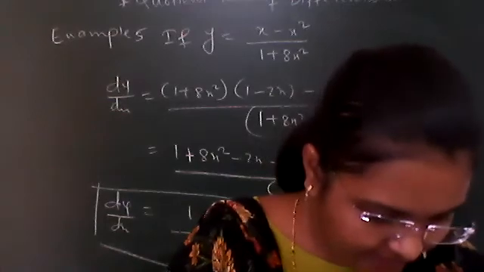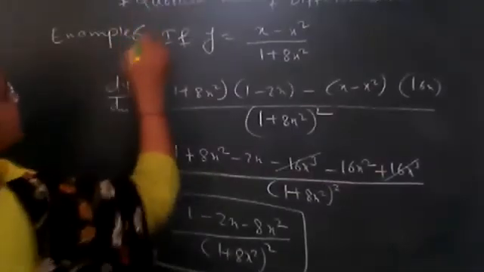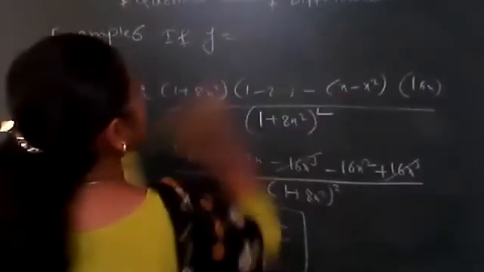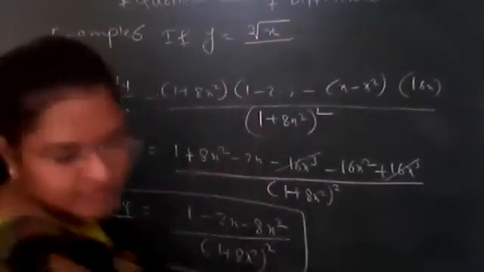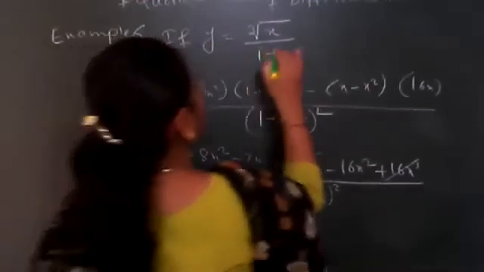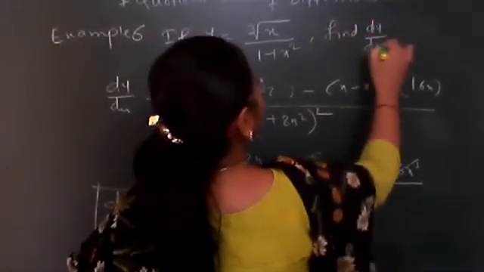So the next example, the sixth example: if y is cube root of x upon 1 plus x square, then find dy by dx.